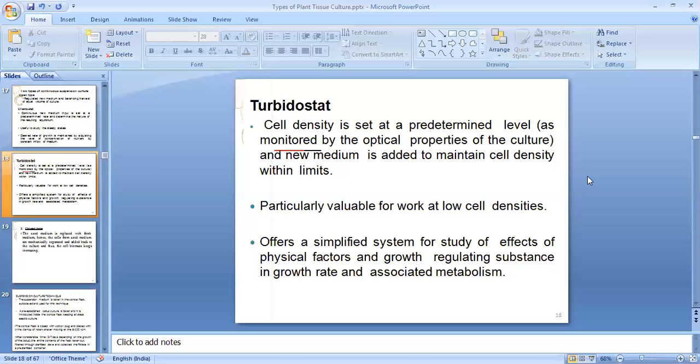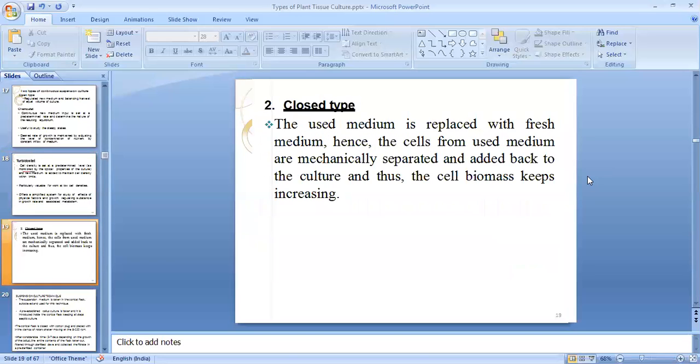And this method is valuable for work at low concentrations always. It is a simplified system where we can study the effects of physical factors and growth regulating substances on growth rate, and their associated metabolism can be studied by this method. And next one is the closed type of suspension culture.